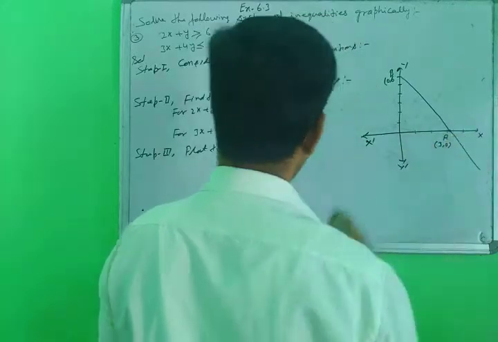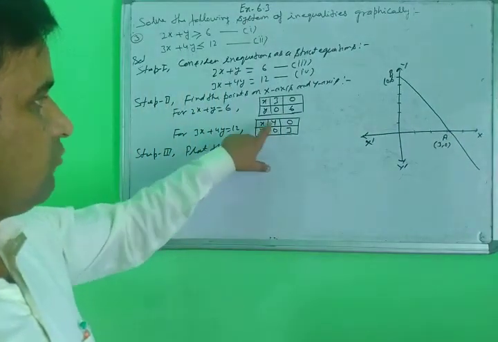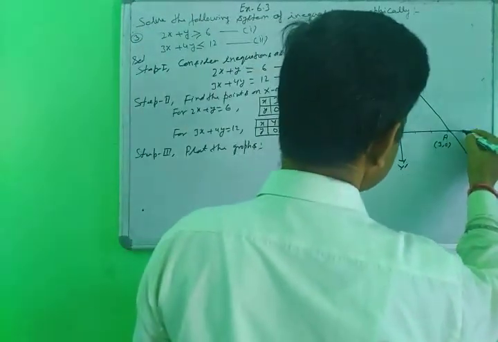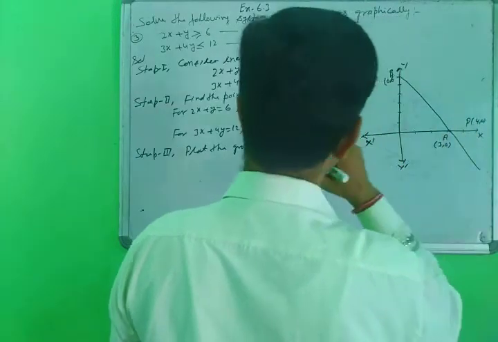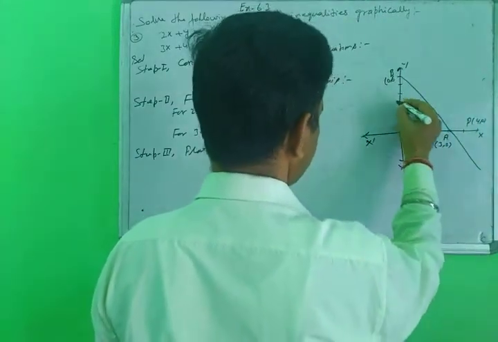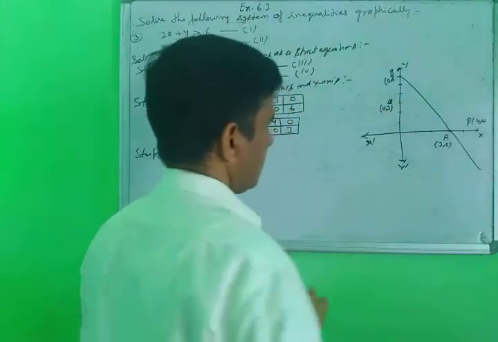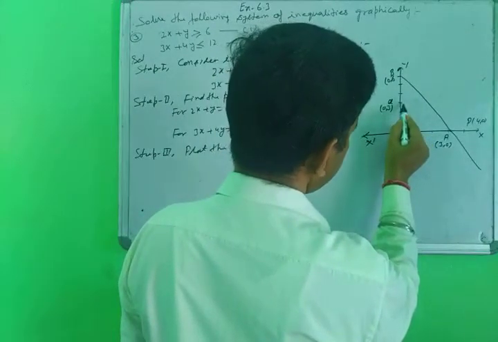After that, plot the second graph points: 4, 0 and 0, 3. This is x equal to 4 here. This is the point, suppose P, which is 4, 0. And here 0, 3: 1, 2, 3. This is the point, suppose Q, which is 0, 3. Then you will draw the line through these points.